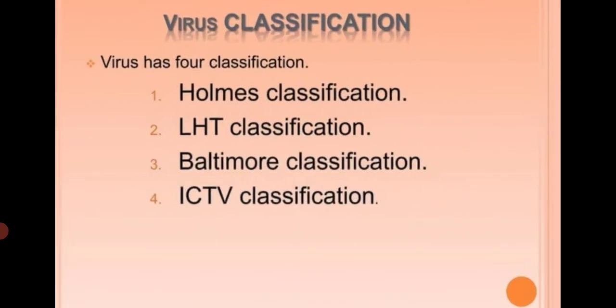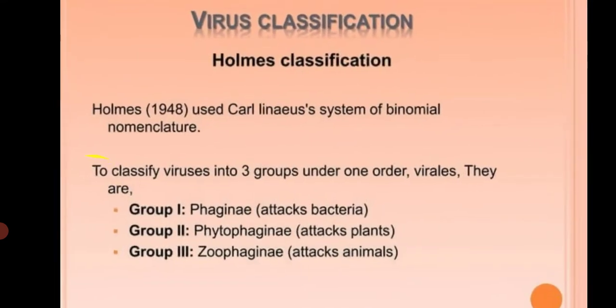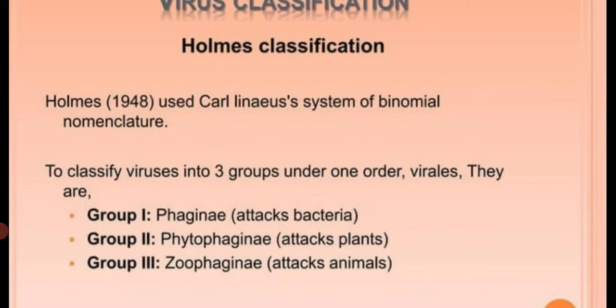The virus classification has four classification systems. One is the Holmes classification, second is the LHT system classification, then Baltimore and ICTV. The first is the Holmes classification.